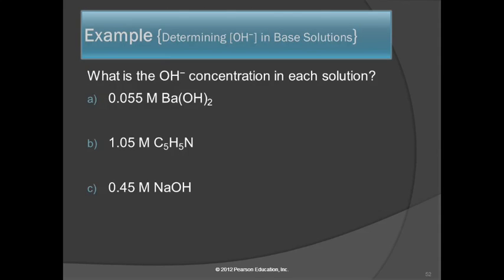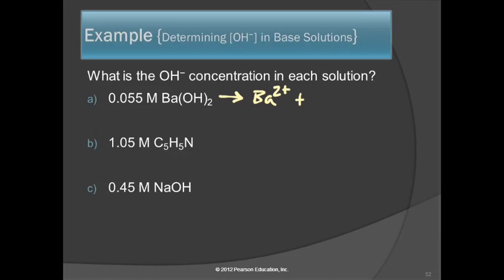So what's the hydroxide ion concentration of each solution? We've got barium hydroxide. Is this a strong base or a weak base? Strong base. All of the metal hydroxides are going to be strong bases because they will ionize completely, the soluble ones. So when this ionizes, what does it form? Forms barium ion, right?